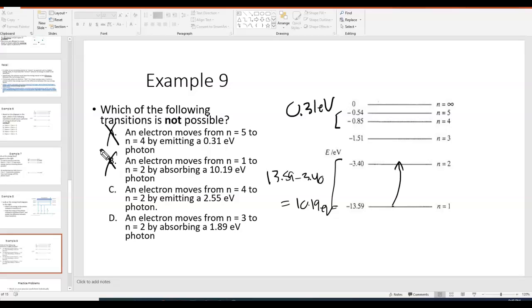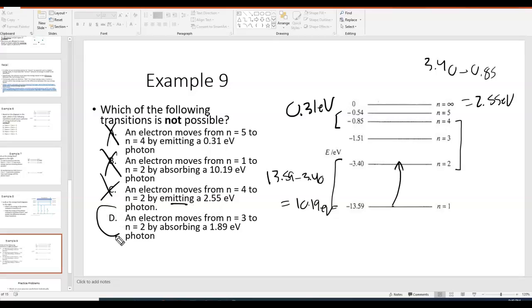So we can eliminate B. C says an electron moves from n equals 4 to n equals 2 by emitting a 2.55 eV photon. Let's look at 4 and 2. I want the gap between 4 and 2. That would be 3.40 minus 0.85. That is, in fact, 2.55 eV, and that is a downward transition, and so that would emit a photon. So we can eliminate C.